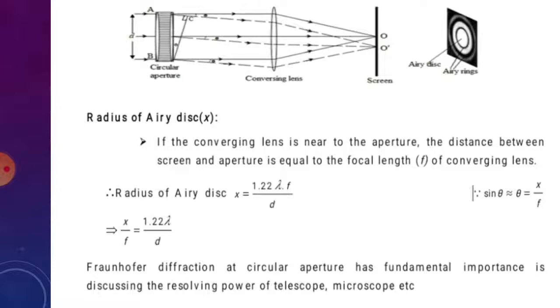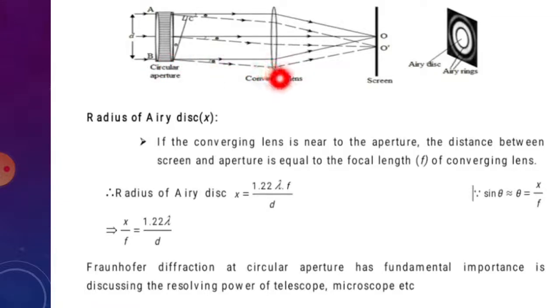Now, we will find out the radius of Airy disk. The radius of Airy disk is the distance from the center of Airy disk to the first dark ring. Here, this distance x is the radius of Airy disk, and here the converging lens is nearer to the aperture.